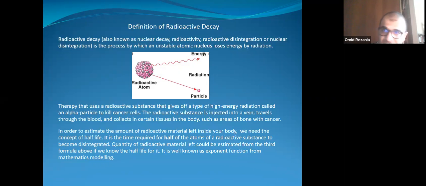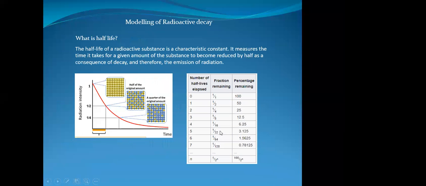Okay, next slide. Yes. And now I will introduce what the half-life is. The half-life of a radioactive substance is a characteristic constant. It measures the time it takes for a given amount of the substance to become reduced by half as a consequence of decay, and therefore the emission of radiation.